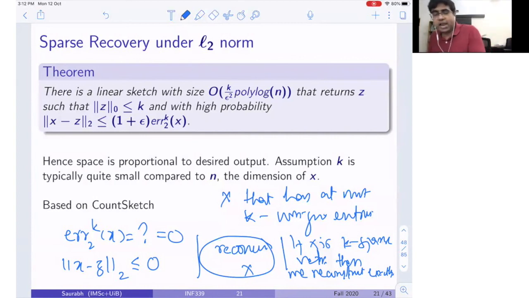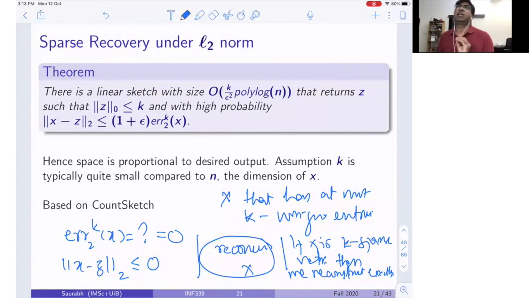So that is one kind of application people use for sparse recovery: if I'm able to represent a vector where the number of non-zero entries is bounded, then I can apply this algorithm to completely recover the whole thing. For example, if I had a bounded degree graph, then I can use this data structure to recover everything completely.